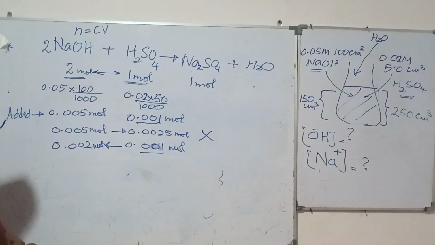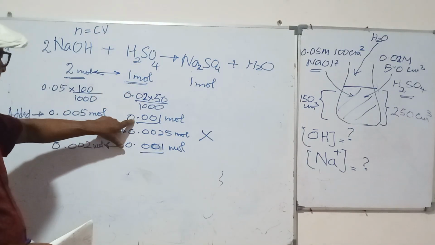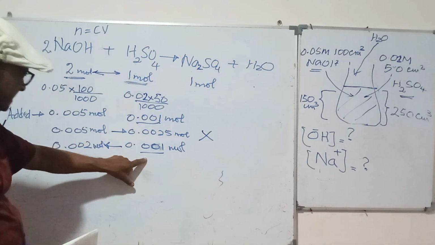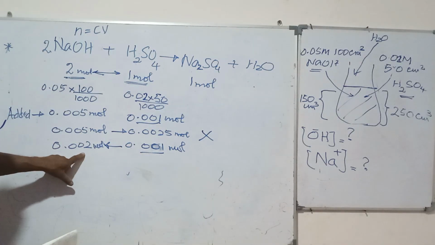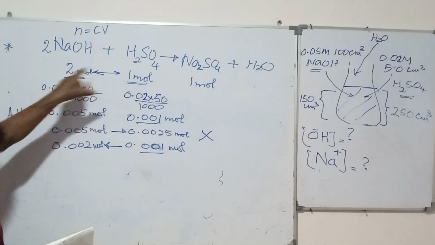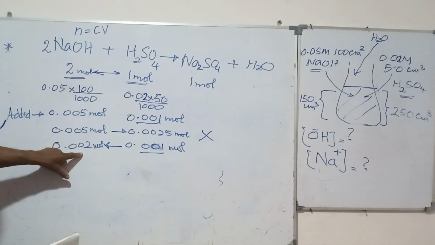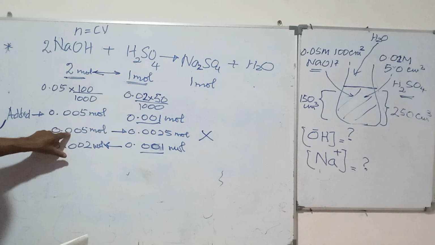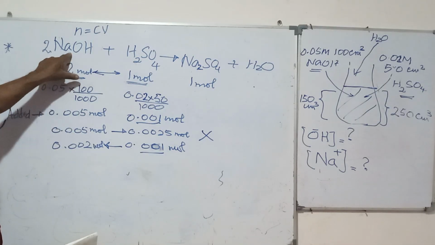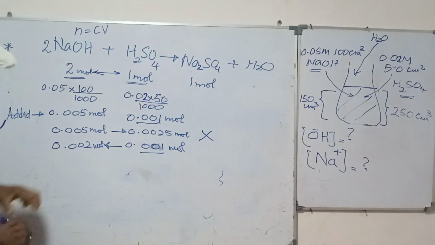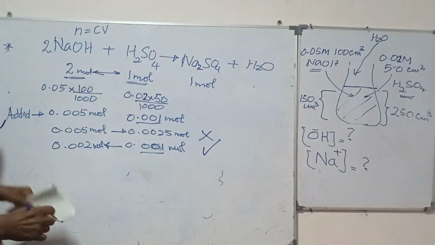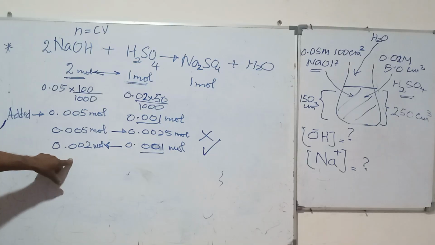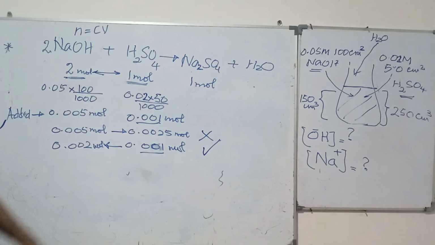See here, 0.001 is the present amount of sulfuric. It needs 0.002 mole of NaOH according to the stoichiometric ratio. So it is possible because 0.005 mole of NaOH is present in the solution. This ratio should occur according to the present amounts, right?